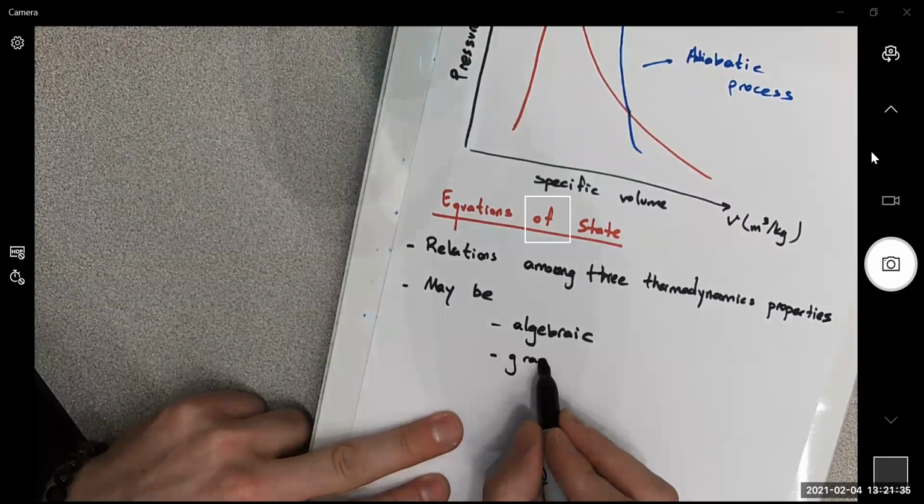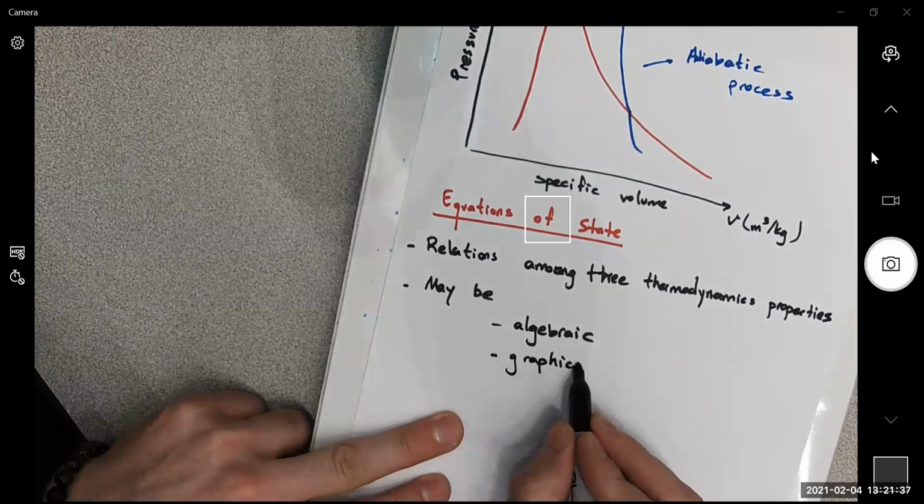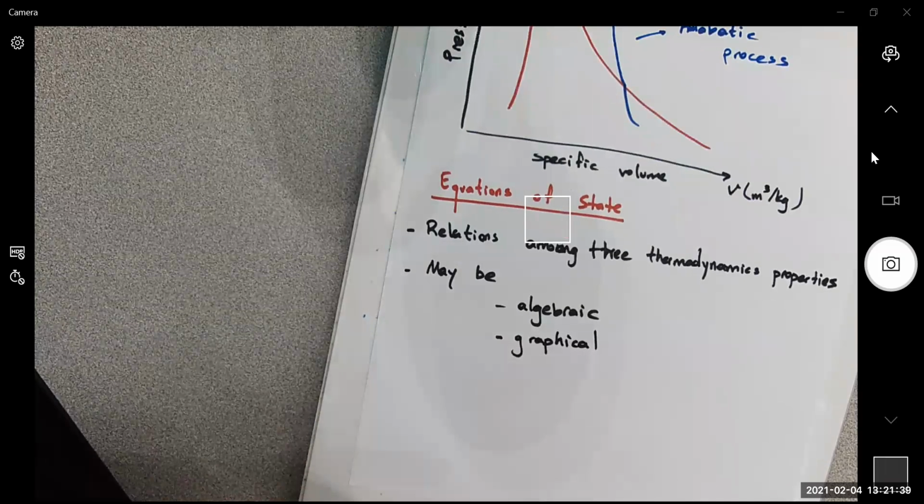Or they can be found by using graphical plots or sketches. But they are shown on 3D plots, usually temperature, pressure, and specific volume.